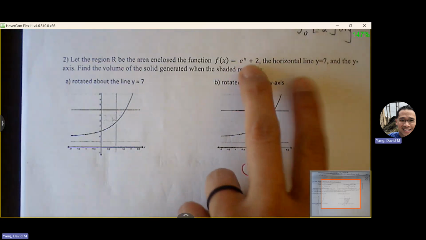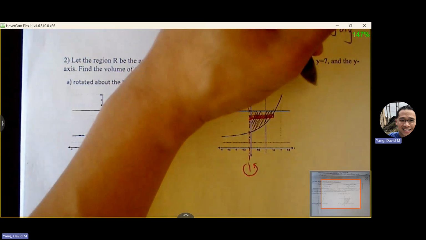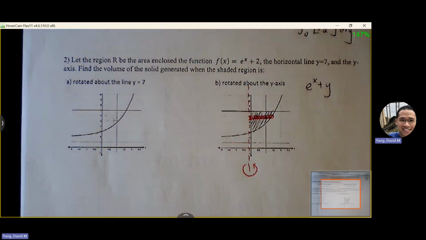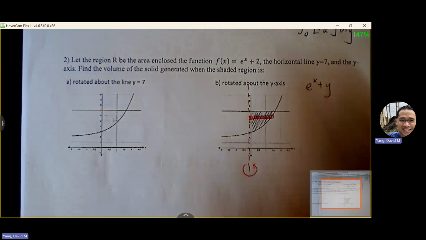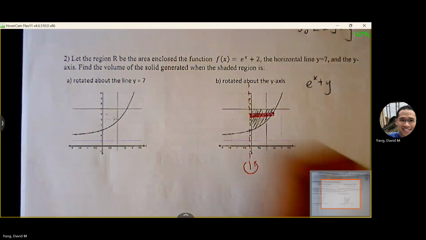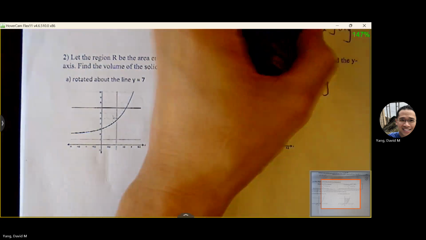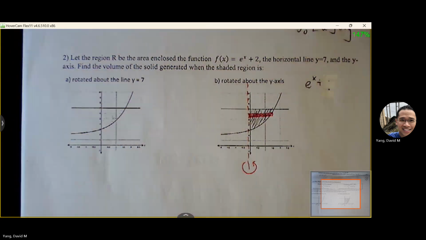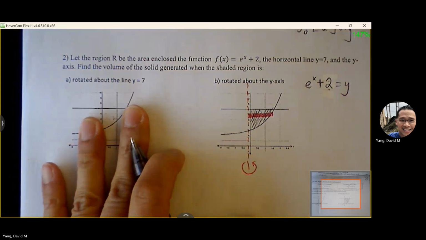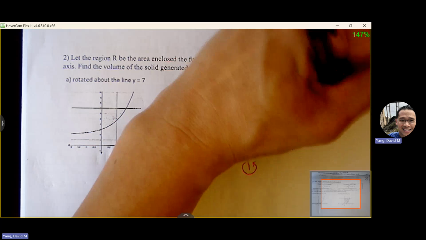This equation is not going to be a good fit for anything right minus left. So make sure you're spending time and actually solving for x, and that you're not just swapping the x and y. That's not quite the same thing. So to solve for x, I'm going to get that e to the x by itself first.